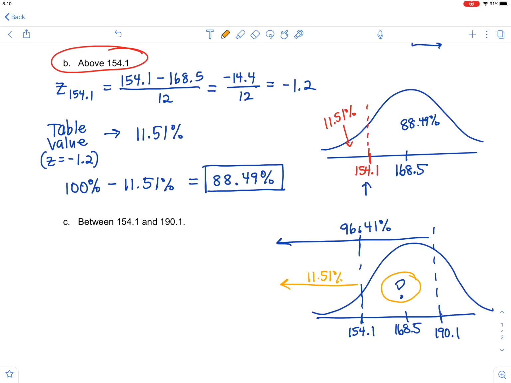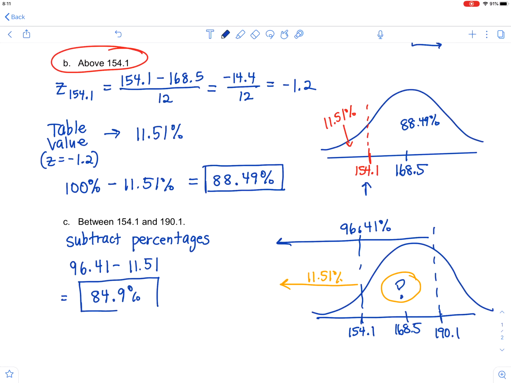So between the two, we need to subtract the percentages. Notice you do need to find the percentages first and then subtract. Subtracting z values would not work. So find your two percentages, and then we subtract 96.41 minus 11.51, which tells us that between those two values, 84.9% of the people would have scores between those two values.